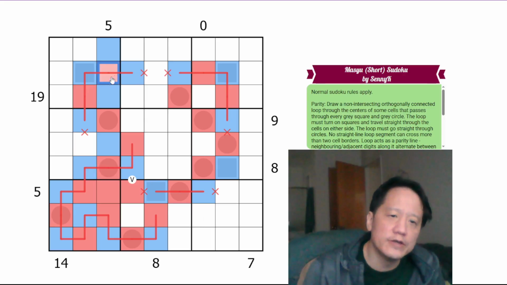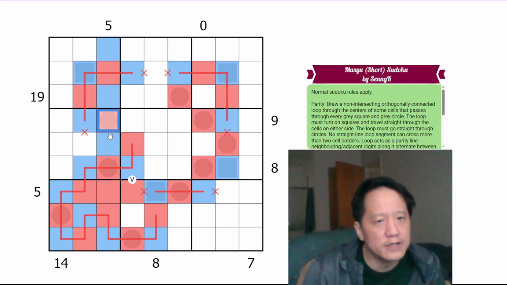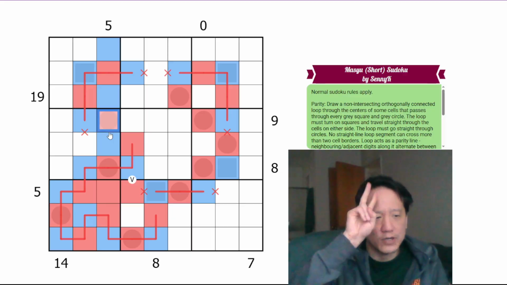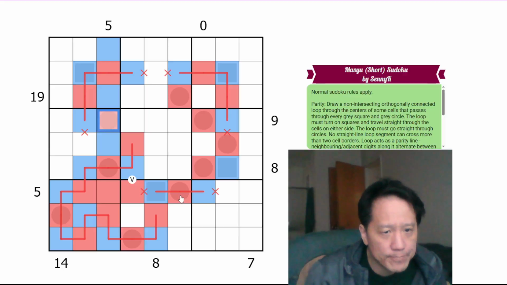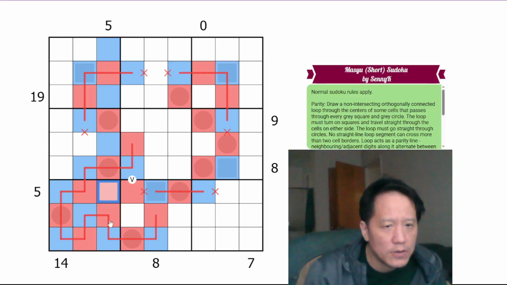The only way to have 5 in between the 1 and the 9 is you either have a 5 there or you have a 2 and a 3 there, right? Same with this, right?